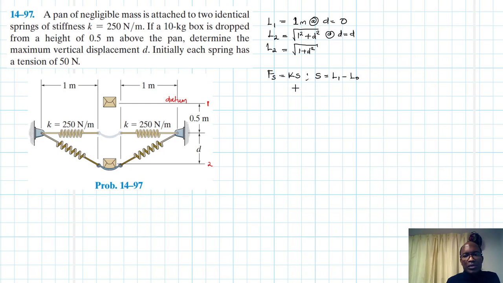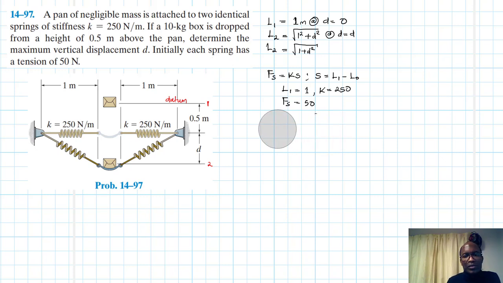So we said L1 is equal to 1, K is equal to 250, and Fs is equal to 50.